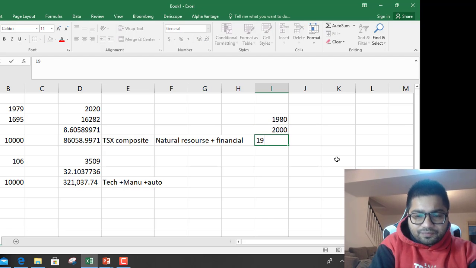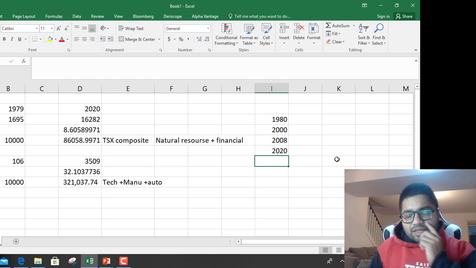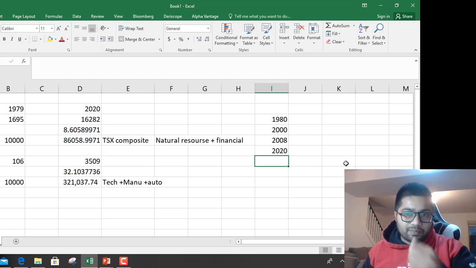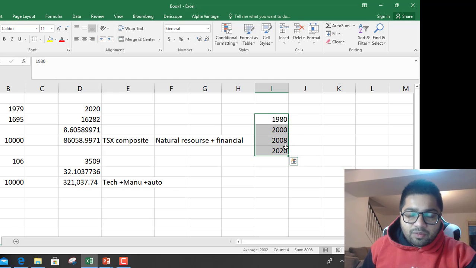Then 2008 was a recession, and the initial part of 2020 was a recession because of a big market drop. Even if you factor all these market drops in, money becomes 8 times in Canada from 1979 to 2020, and money has gone almost 32 times in the United States in the same duration.